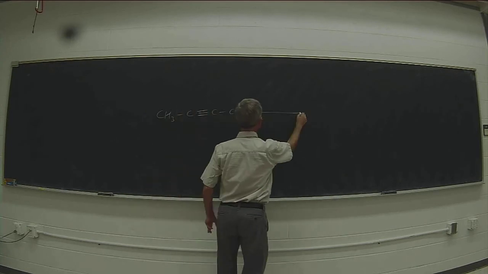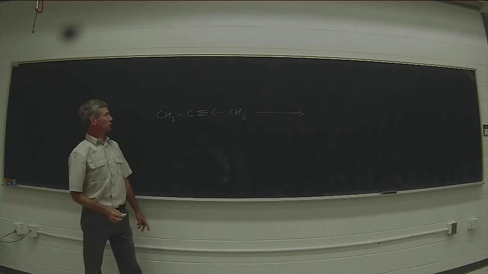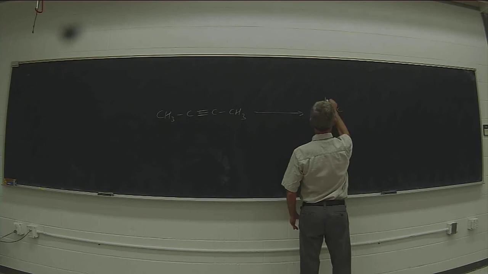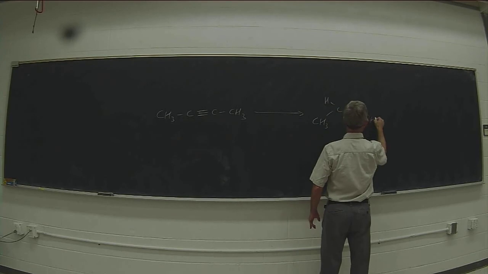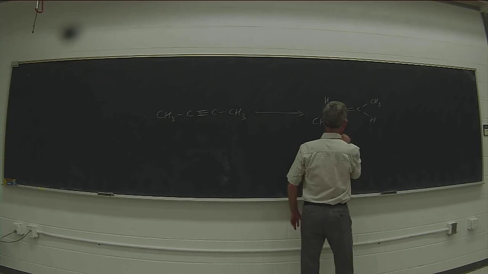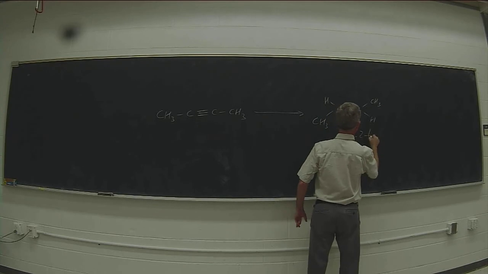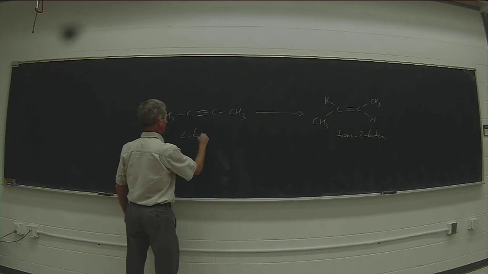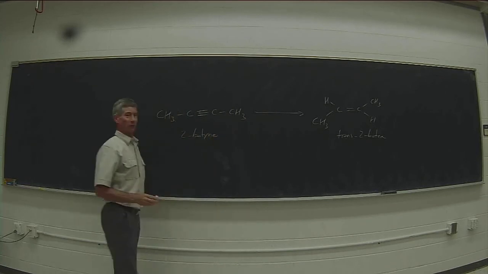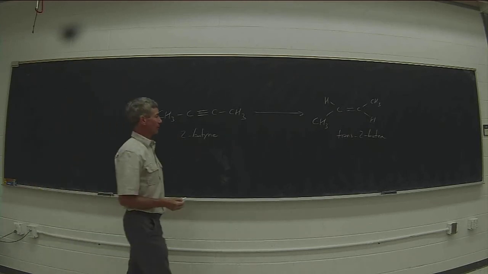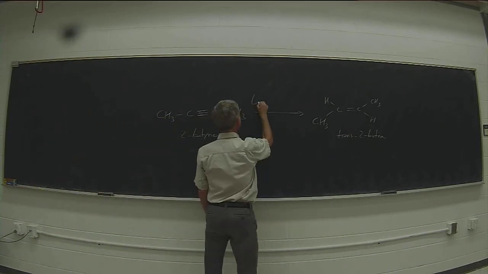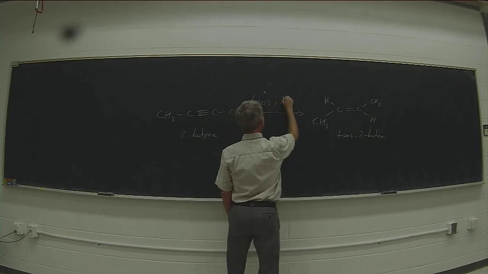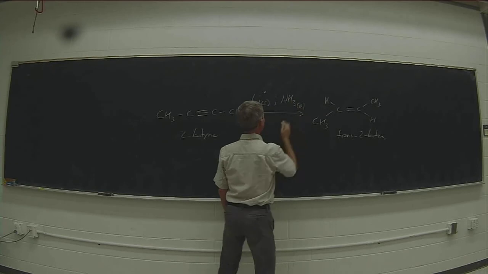So if you want to take 2-butyne and make from that stereospecifically trans-2-butene, so we get the other stereoisomer, what we're going to have to do is use a different reduction, and the solution to the problem is to use lithium solid and ammonia liquid.